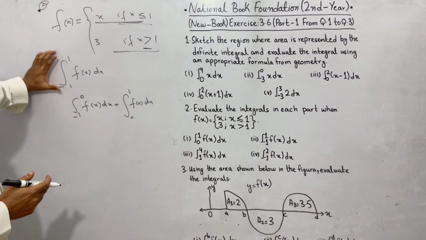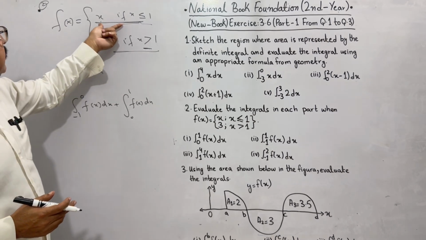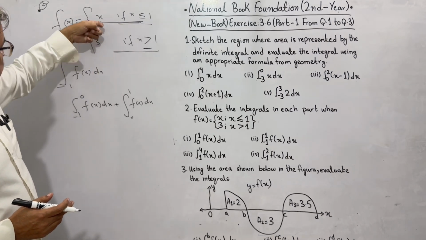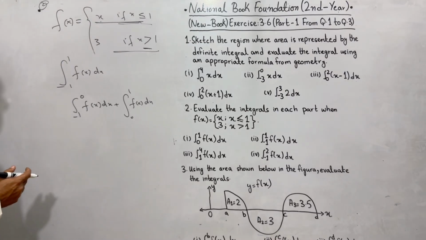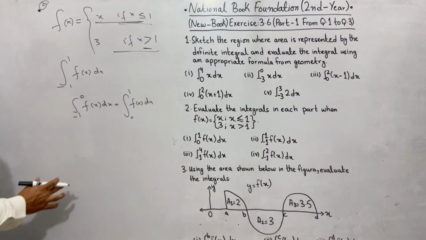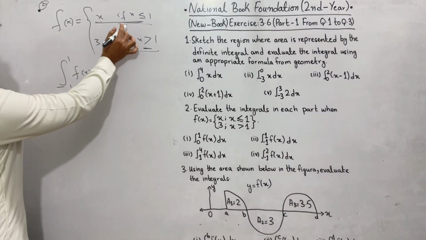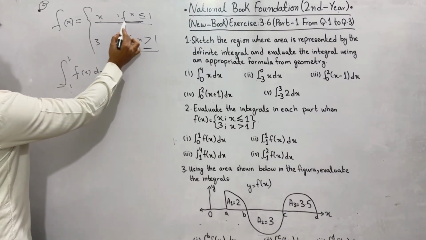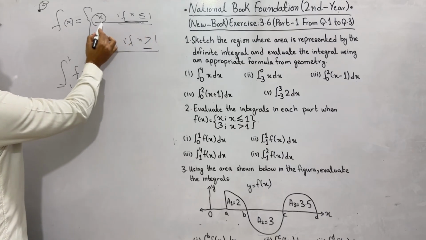Or, since both of them from minus 1 to 1 collectively fall in this interval, one limit is enough for us. Let me solve in both fashions. Minus 1 to 1 lies in that interval, so we have to take this value.